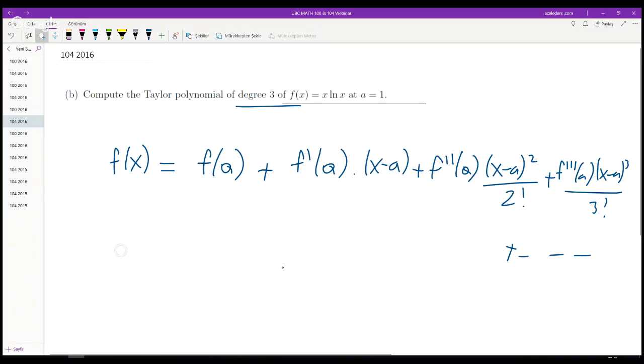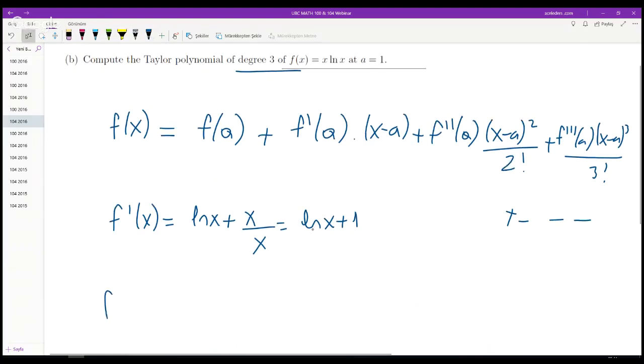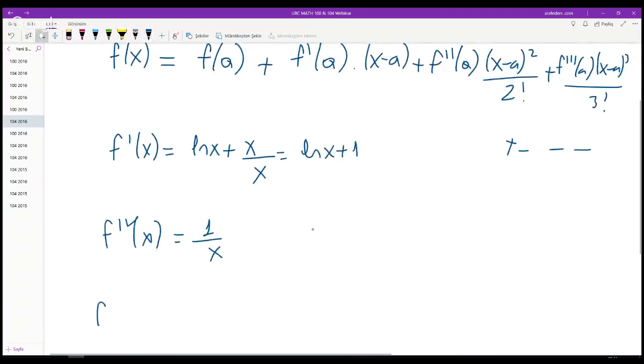Okay, so therefore we need first the first derivative of f, which is found by the product rule, ln x plus x over x, which is ln x plus 1. The first derivative is ln x plus 1. Okay? And the second derivative is therefore 1 over x. The third derivative is therefore minus 1 over x squared, right?